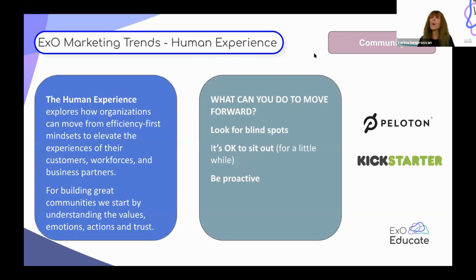And it's very interesting how we can start with that, because we don't know everything. So a good way is to start by looking at our blind spots. And one of them, especially for small and medium businesses, is that we don't have time to listen and to stop. So instead of trying to start a conversation on Facebook or trying to engage people, first we can listen, observe what people are talking about, sit back and wait for a while.